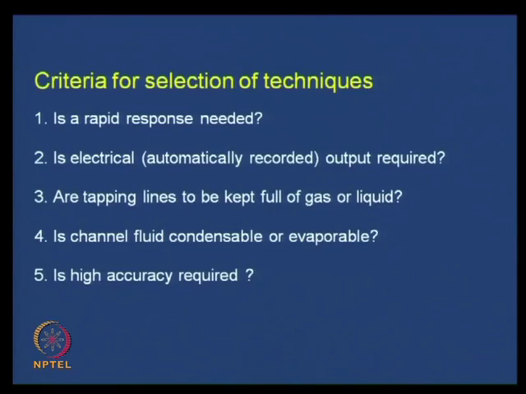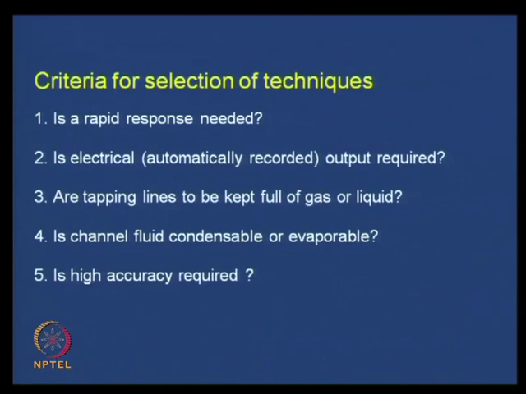Very important, because gas filled lines with unambiguous line content is something very rare. If you can ensure it, if you can maintain it, then definitely gas filled lines are more accurate, but for most situations we cannot do it. So this has to be remembered, and in practice usually we go for liquid filled lines.